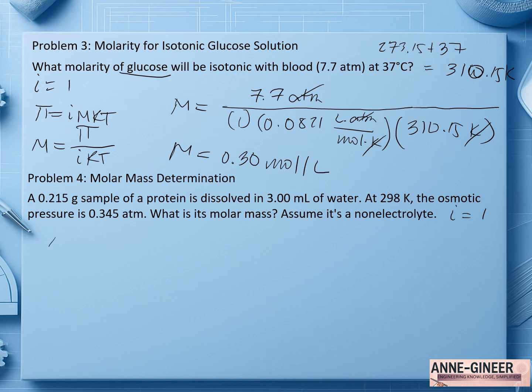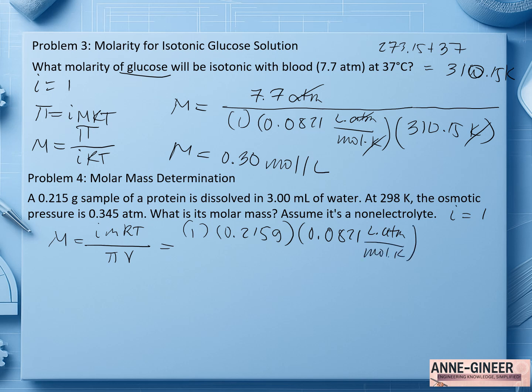We will use the second formula given, molar mass equals iMRT over pi V. So we have 1 times the mass, which is 0.215 grams, times 0.0821 L atm over mole K times 298 Kelvin, all over 0.345 atm times 3 ml of water.